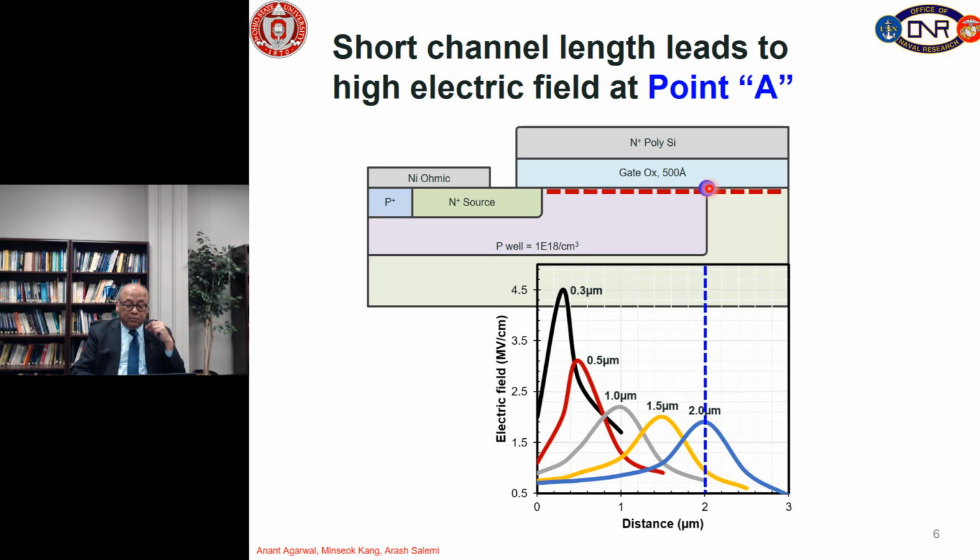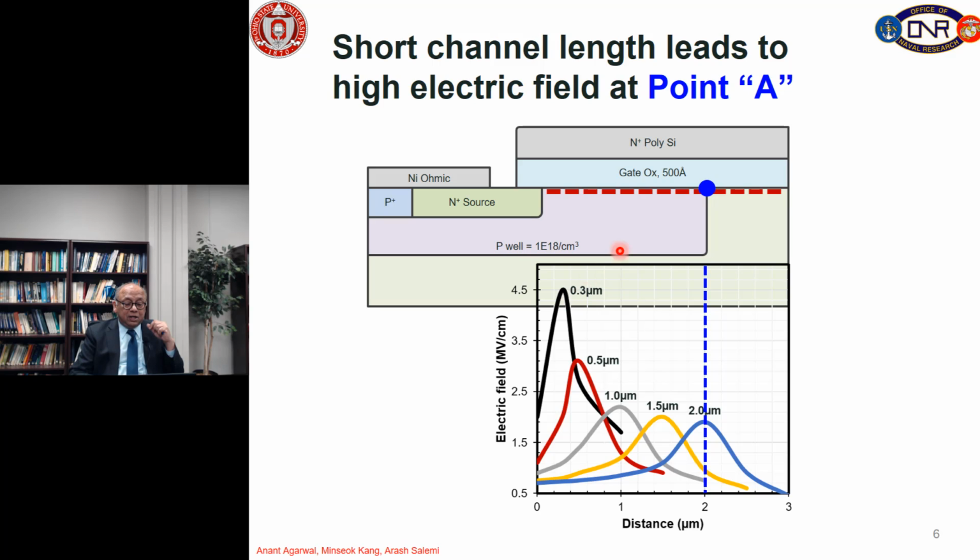And that electric field we have plotted here. At 2 microns, that electric field is almost 2 megavolt per centimeter. But as we reduce the channel length, that electric field goes up to 4.5 megavolt per centimeter.